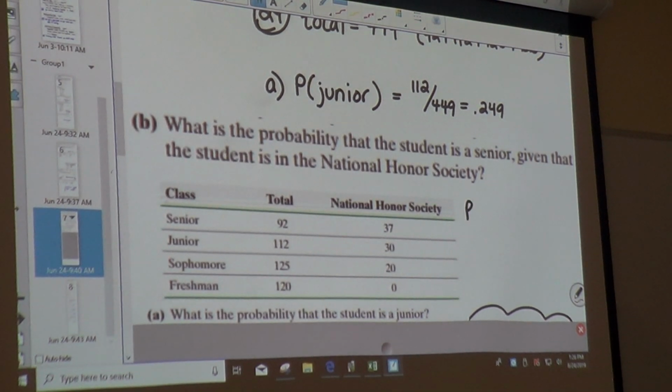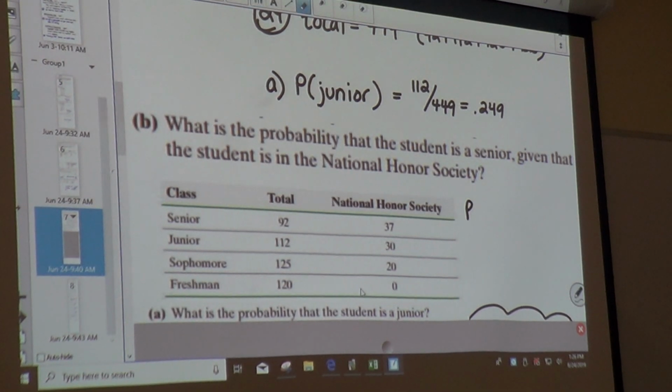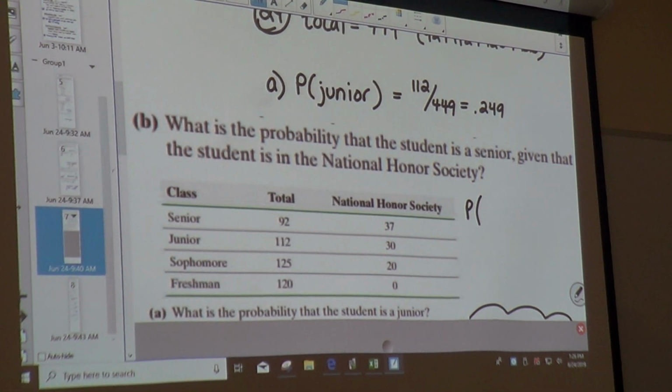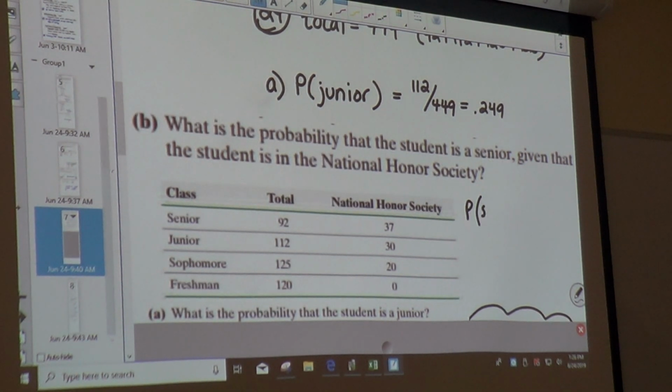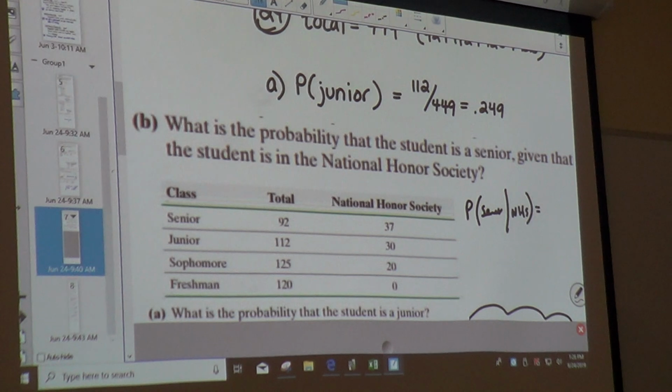So, probability of what makes me happy? Senior. That you're a senior given National Honor Society. So what is my top number going to be? 37. Senior. What's my bottom number going to be? National Honor Society. So give me a number.